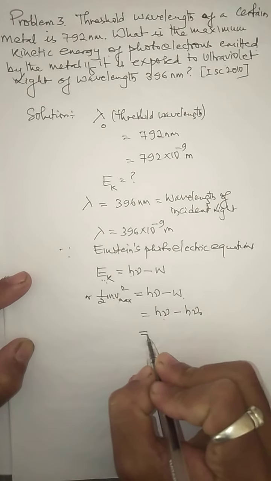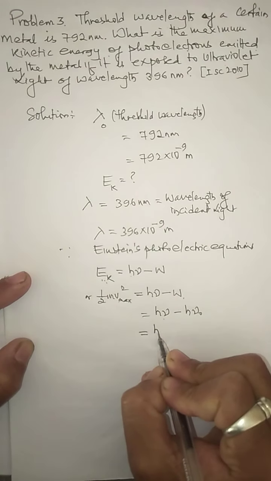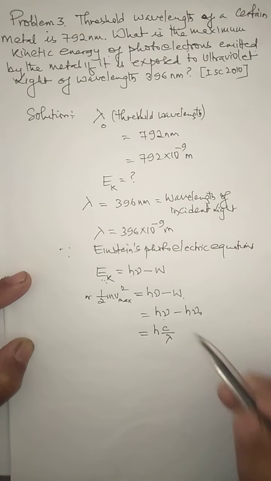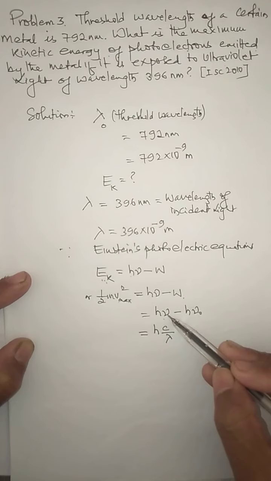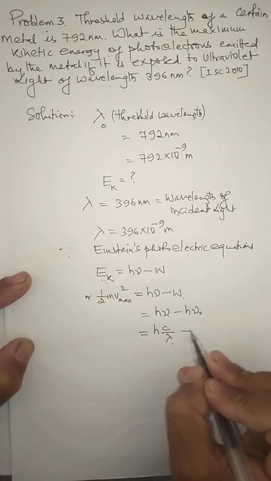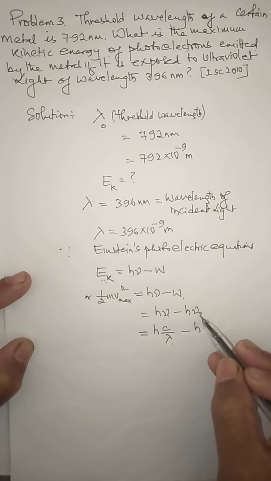To write the expression in wavelength, we have frequency equals speed divided by wavelength. If this is the frequency of incident light, then it is h c by lambda, minus h c by lambda naught for the threshold frequency.